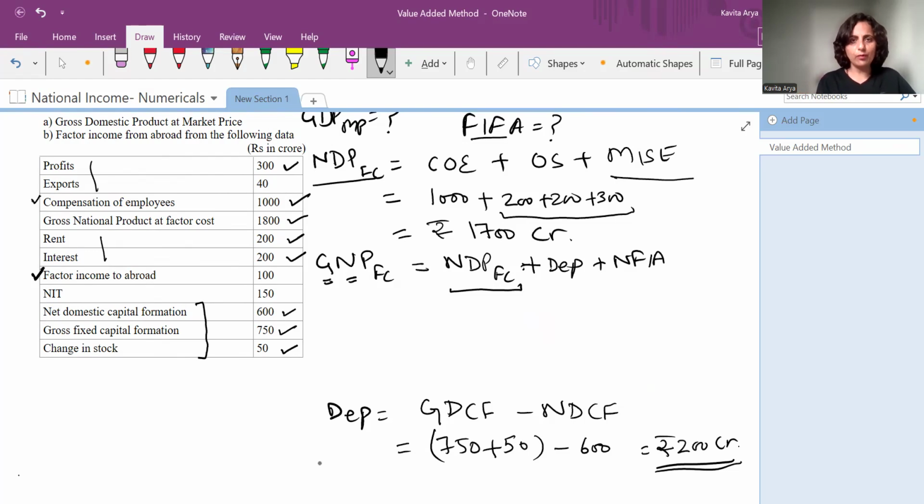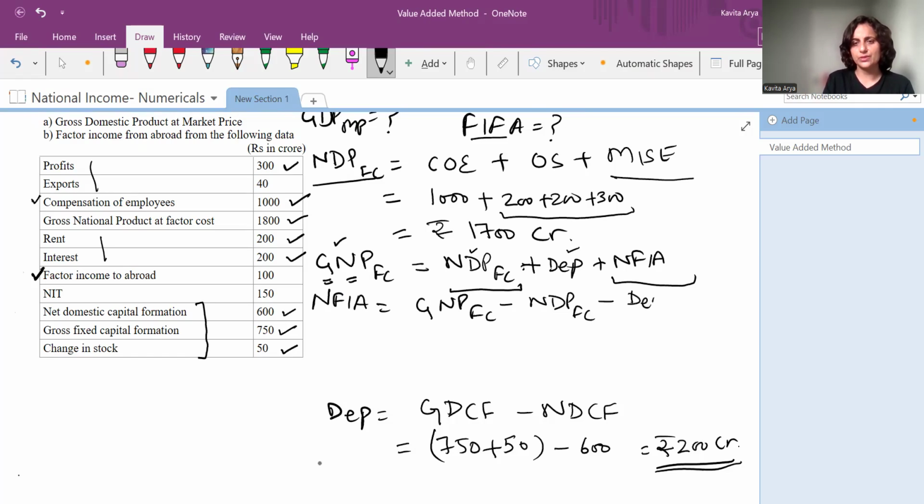So if I want to find NFIA, GNPFC is already there with me, right? NDPFC also is there with me. Depreciation is also there with me. So it means I can find NFIA from this equation. NFIA would be equal to, I'm just transposing these to the other side, GNPFC minus NDPFC minus depreciation.